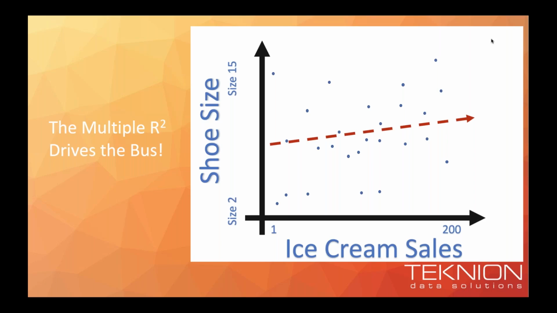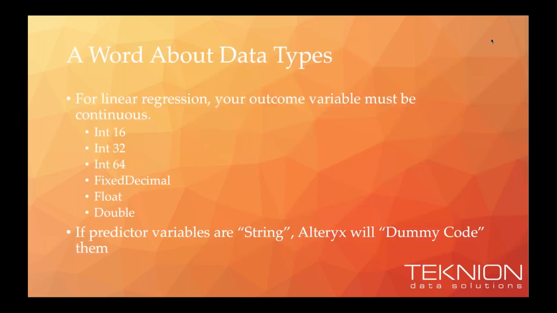Let's say we know a whole bunch about ice cream sales, and then we get a multiple R squared of 0.12. In that case, that would be really, really bad. We would hope to have a better R squared of like 0.8 or 0.9, something along those lines. So it really all depends, and we'll look at some relative values. But again, the multiple R squared drives the bus, and we're going to look at this as soon as we get into Alteryx.